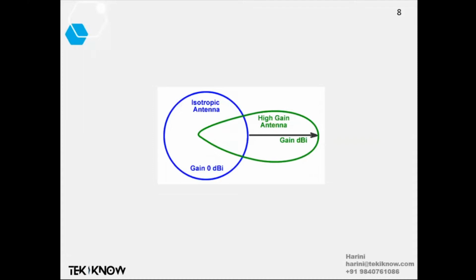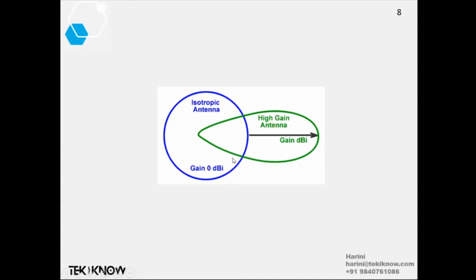Yeah, you can see here, usually the gain, what is the gain? You can see here, dBi. This dBi stands for decibels with respect to an isotropic antenna. An isotropic antenna is actually an imaginary kind of antenna that does not exist in this world.